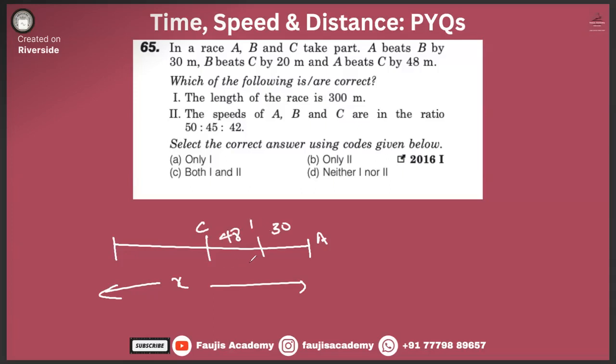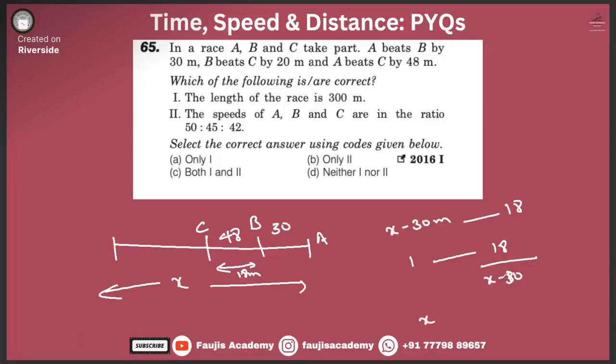So the gap between B and C is 18 meters only. Right. In an x minus 30 meter race, the gap is 18 between B and C, I'm talking. So for a 1 meter race it should have been 18 by x minus 30.